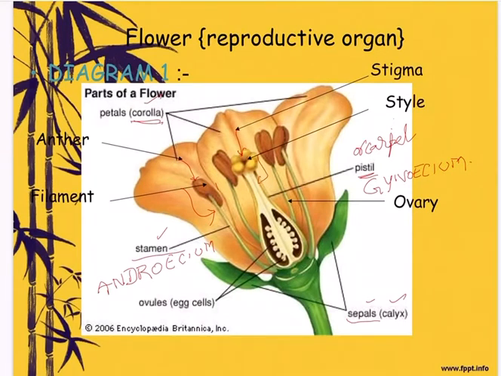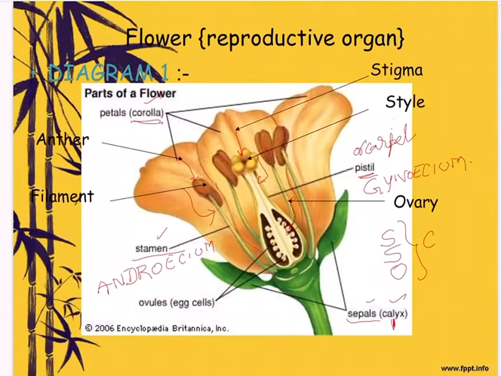This is stigma, okay, and this tube-like structure is style, and this bulged portion is ovary. This is ovary, right? So a pistil or a carpel consists of three things. What is that? Stigma, style, ovary. SSO is equal to carpel or pistil, and this makes gynoecium.